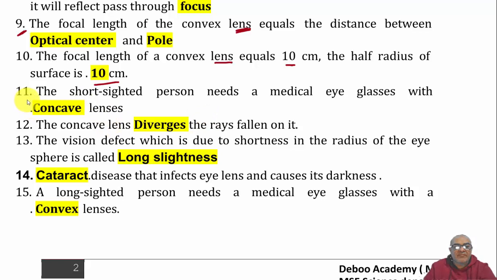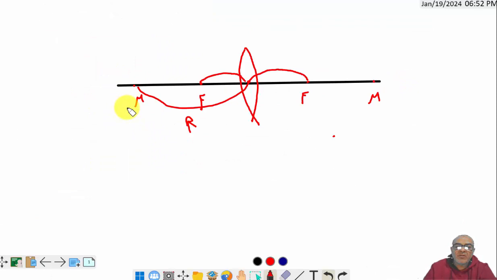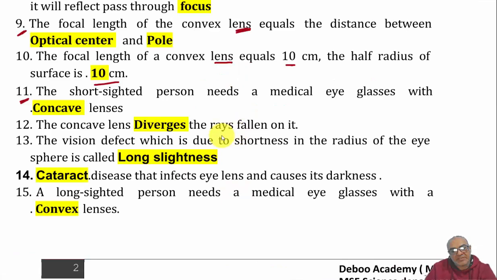Question number 11. A short-sighted person needs medical eye glasses with a concave lens. Concave lens, this is convex lens. Concave lens like this diverts light, and then it collects on the retina.